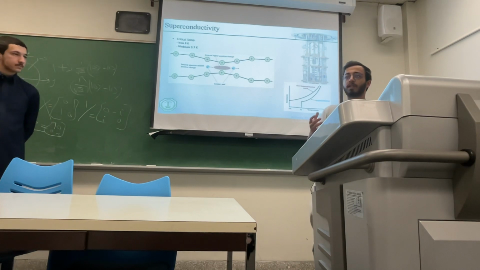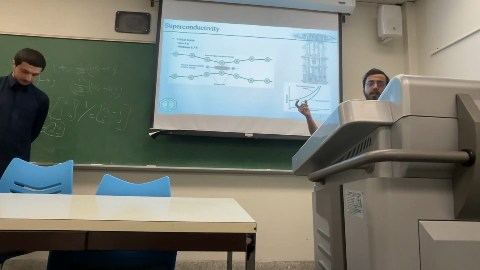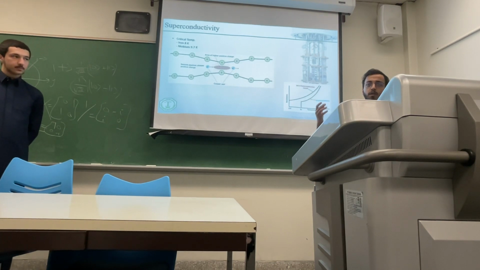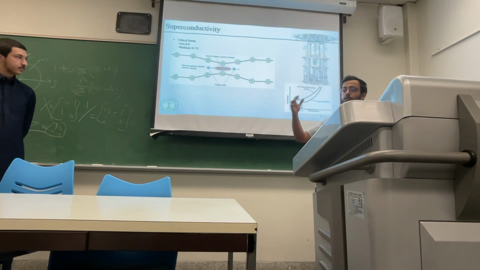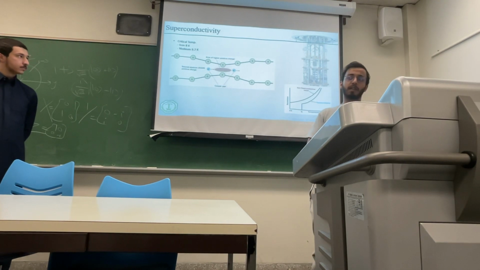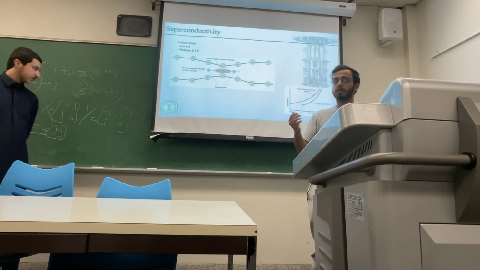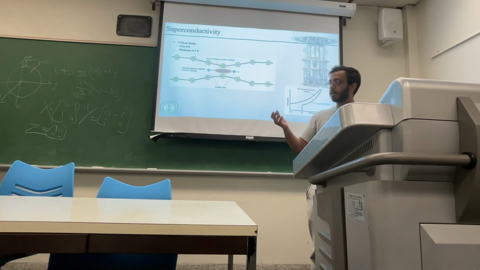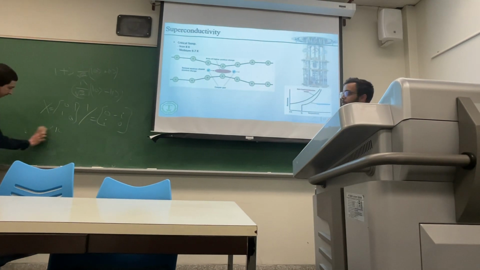So, superconductivity is basically when you have two electrons that make up what's called the Cooper pair. This Cooper pair turns these electrons from fermions into bosons. It makes the electrons act more like bosons. Two electrons cannot stay in the same state at once; they have to adhere to the Pauli exclusion principle.